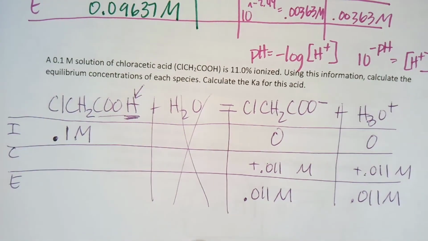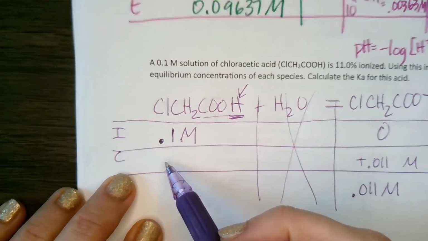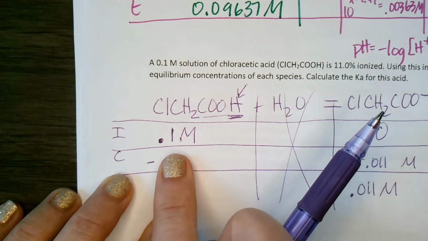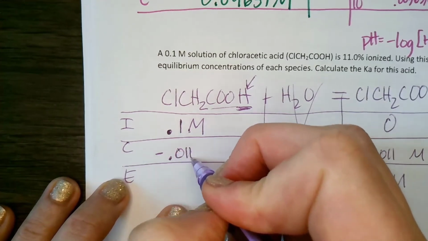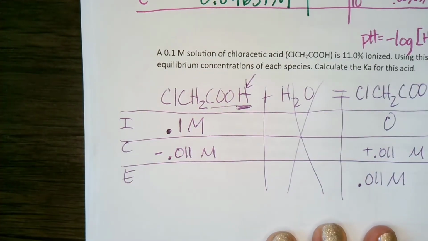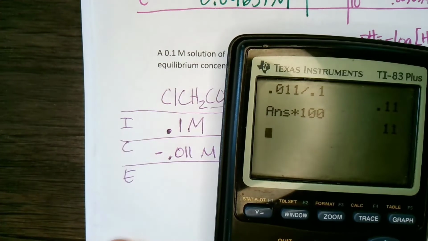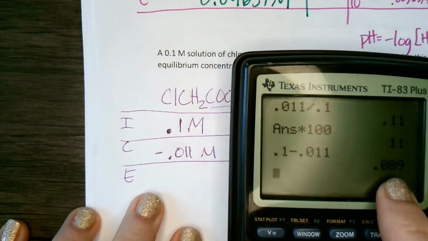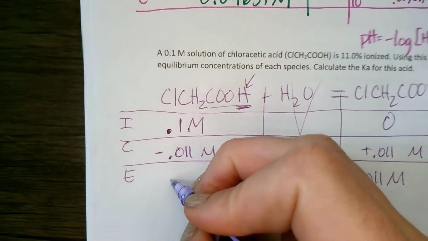And therefore, because of the stoichiometric ratio, everything being 1 to 1, I had to lose reactant while I'm gaining product. So I'm going to lose 0.011 on the left. Now we just need to do 0.1 minus 0.011 to get our equilibrium concentration of our chloroacetic acid of 0.089.